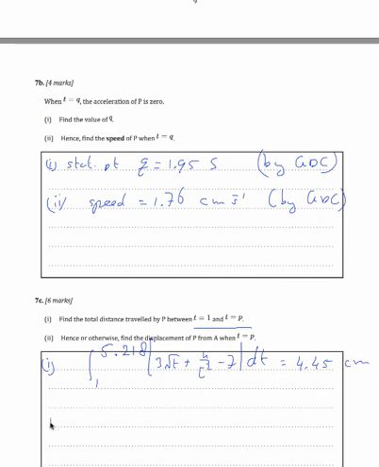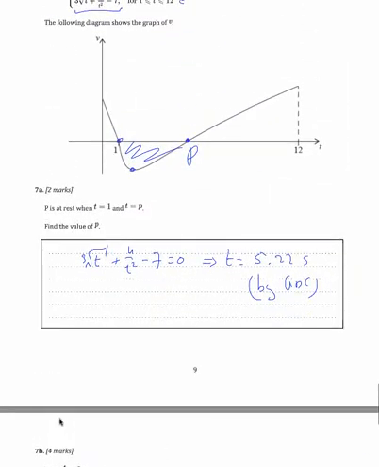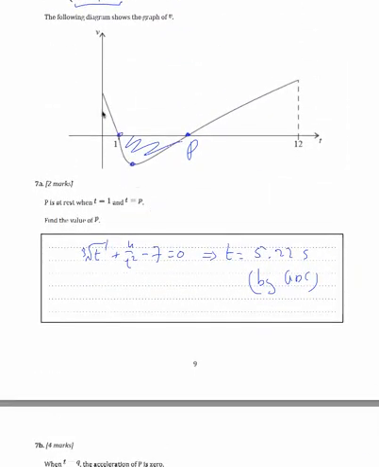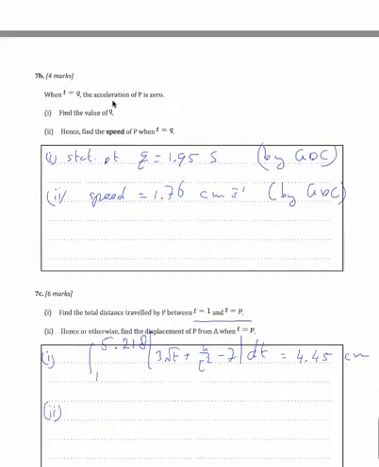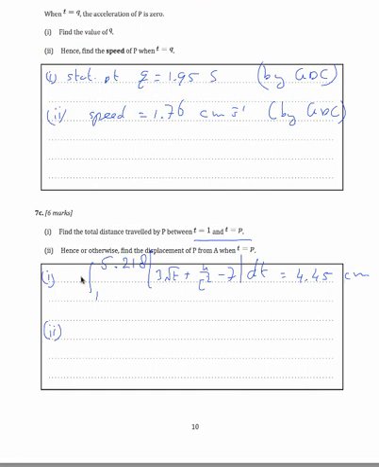All right, hence or otherwise, find the displacement of P from A to that. So the displacement has to take into consideration, okay, good, so I see that. I've got two functions.